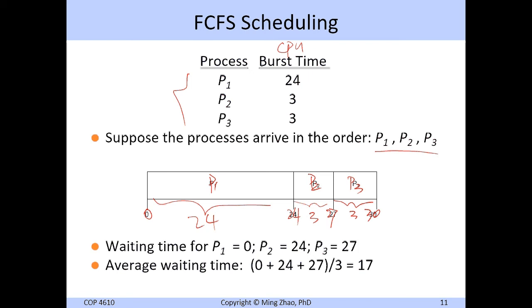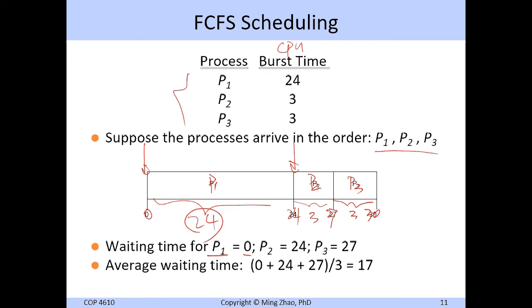Now let's look at the waiting time of each individual process. For P1 the waiting time is 0, because P1 is the first one to come to the ready queue, and once it comes, it can be immediately scheduled. It does not wait in the ready queue at all. P2 has a waiting time of 24, because it comes also at time 0 and gets scheduled at time 24.